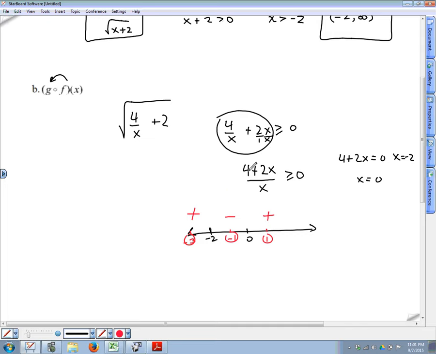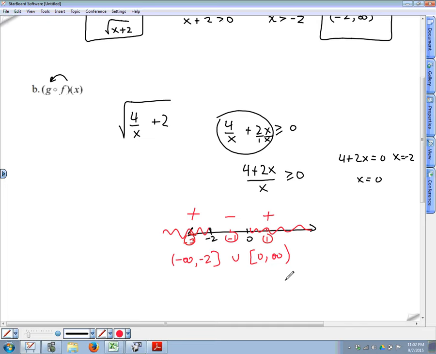Now initially we were looking for when this expression, 4 plus 2x over x, is greater than or equal to 0. What does it mean to be greater than or equal to 0? Well, those are positive numbers. Positive numbers are greater than or equal to 0. So this expression is positive in this region and in this region. So it's positive from -infinity to -2, and it's positive from 0 to infinity.